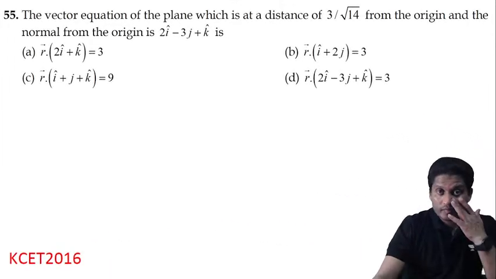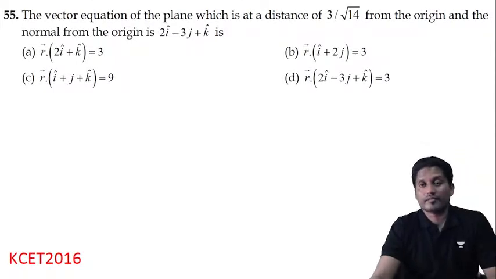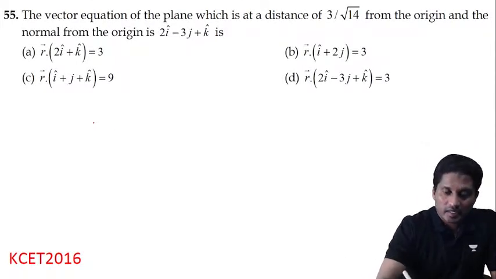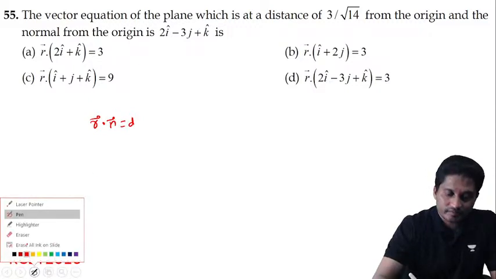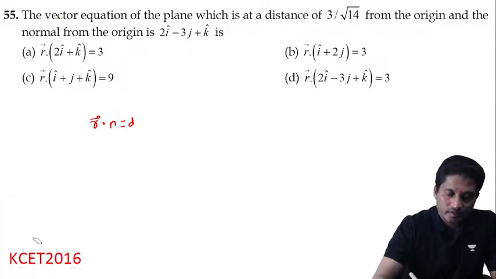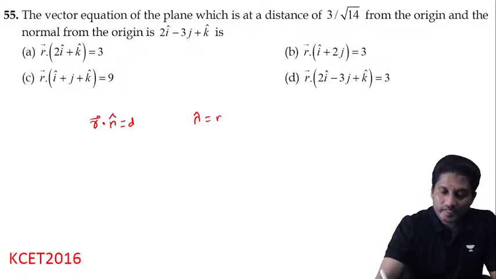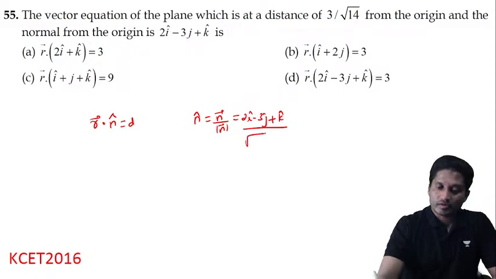The vector equation of a plane which is at a distance of 3 by root 14 from the origin and normal vector is 2i minus 3j plus k. Equation of a plane in normal form is r dot n cap is equal to d, right? N cap should be a unit vector. N cap is equal to vector n upon magnitude, so this is 2i minus 3j plus k divided by root of 4 plus 9 plus 1.